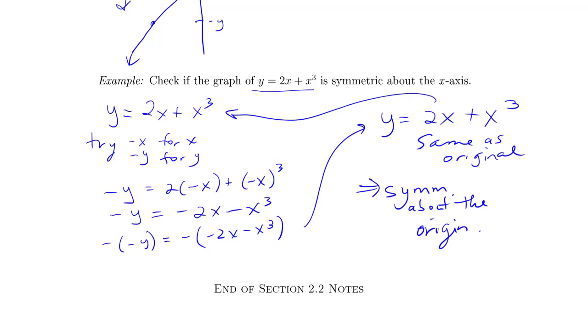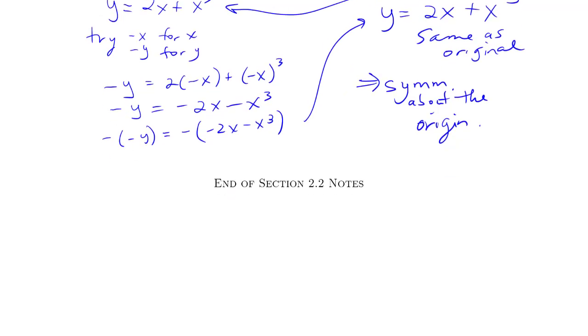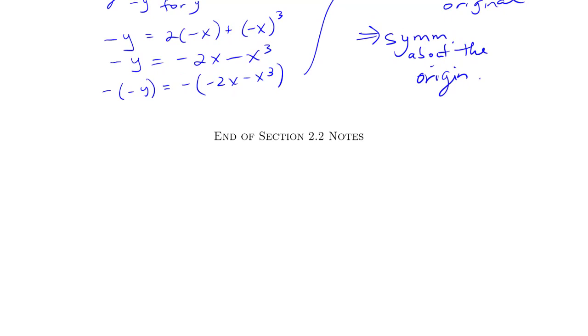So in each case, you make the proper substitution and you see if you can get the original equation back. If you can, then it is symmetric in that way. If you can't, then it doesn't have that symmetry. Just a side note here: can we think of any graph that has all of these symmetries? Well, we actually just saw it.